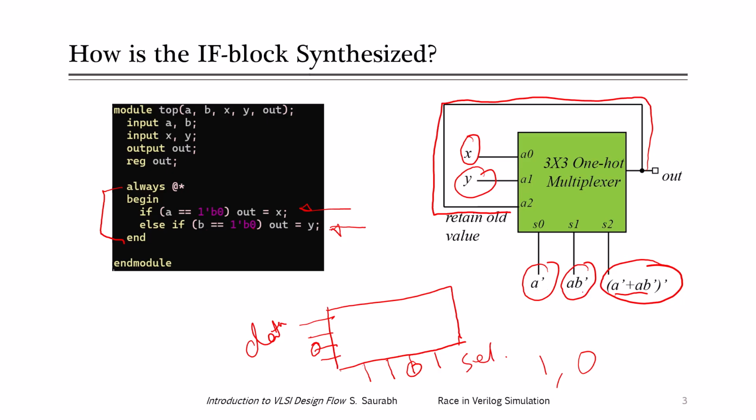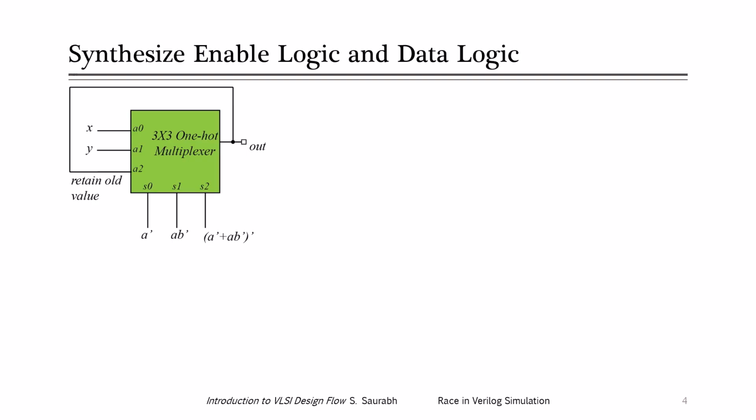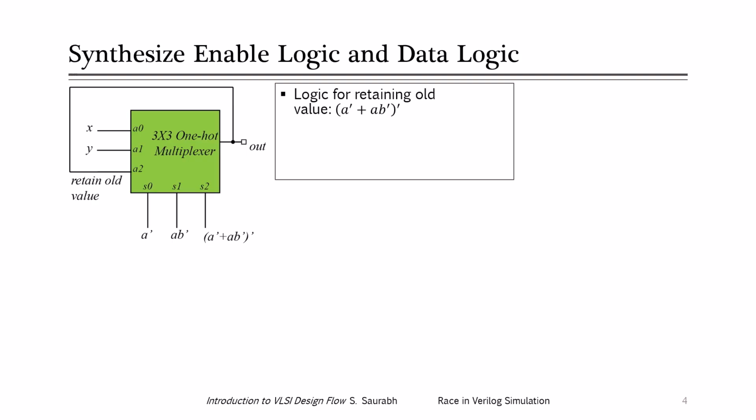Now let us understand how the enable logic and the data logic will be inferred for this case by the synthesis tool. Using this function, we can understand that out will retain its old value if (A complement + AB complement) whole complement is true.